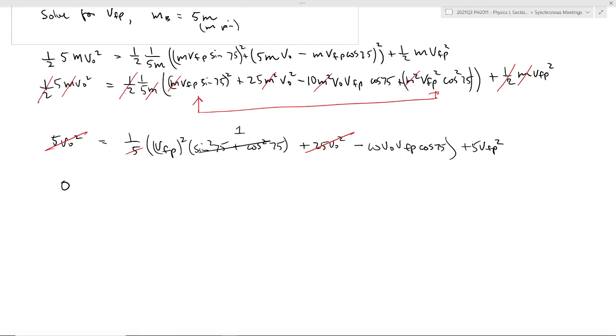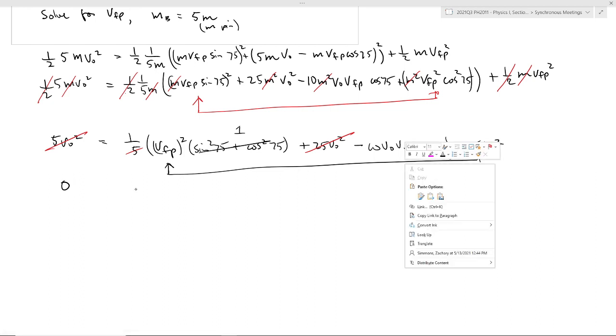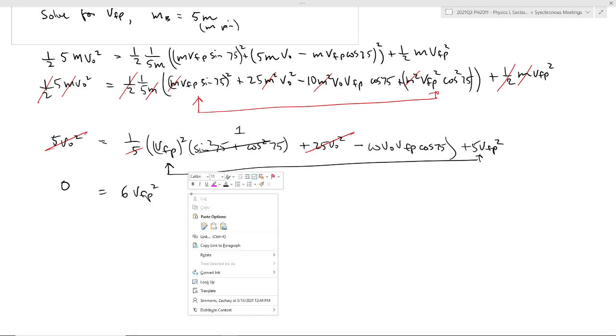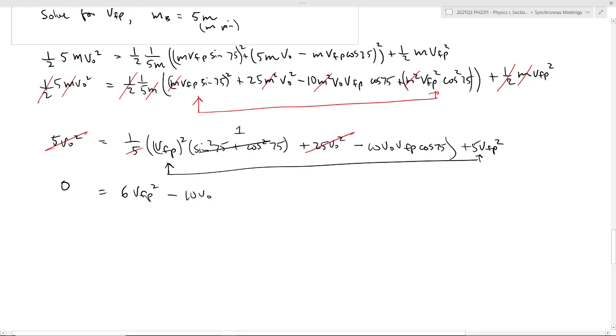And we can combine then this VFP squared and 5 VFP squared. So we would notice this is 0 is going to equal 6 VFP squared minus 10 v naught VFP cosine 75. Notice we can cancel a factor of VFP as well, and it's really consolidating down to VFP is going to equal 10 v naught cosine 75 over 6.